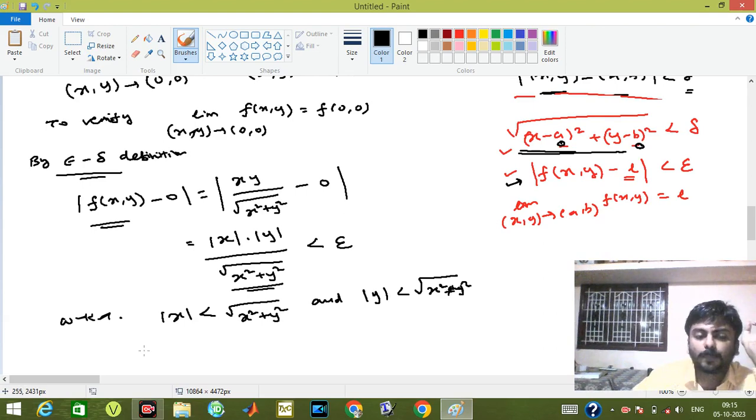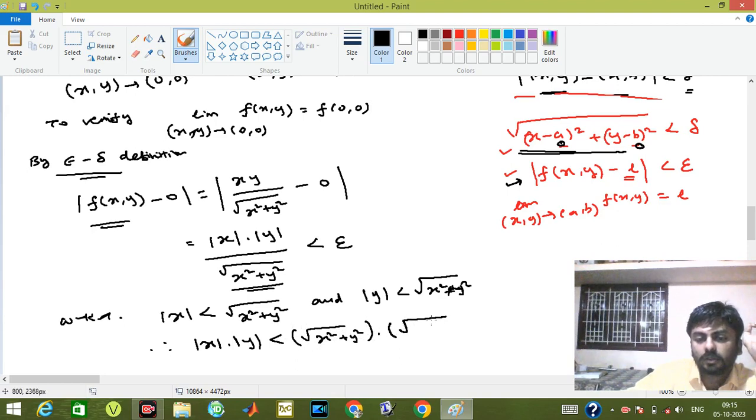Then what will happen to their product? Therefore, the modulus of x into the modulus of y will be less than the product of these two, the root of x square plus y square into the root of x square plus y square. Am I right?